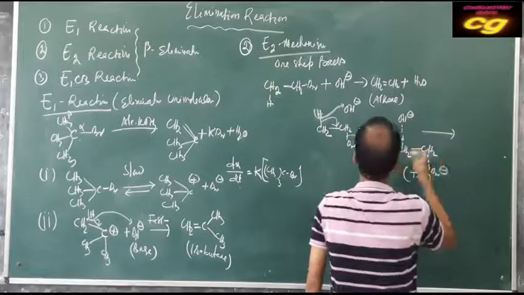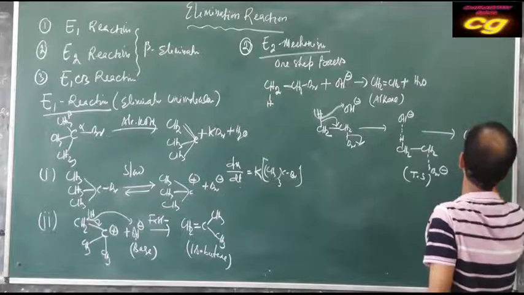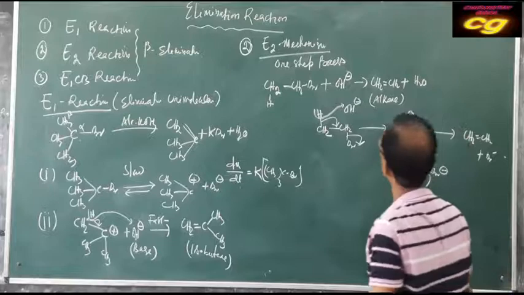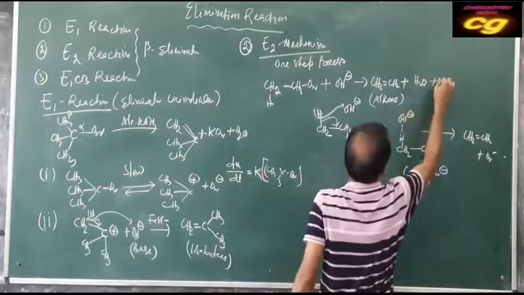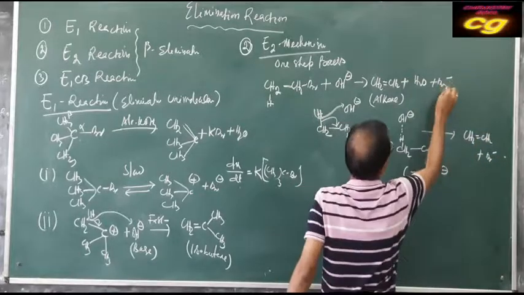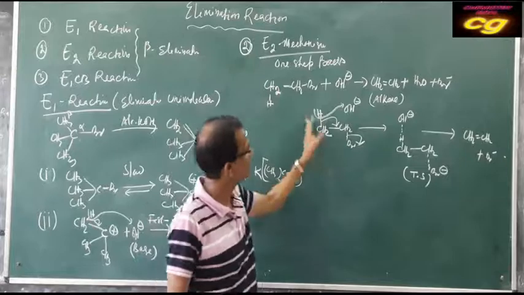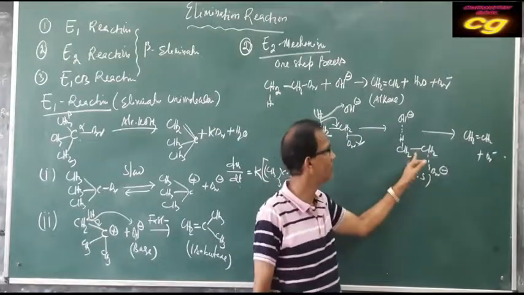Then the alkene is formed, CH2=CH2 plus Br minus. So it is a one-step process, attacking and releasing of the group with the formation of the double bond.